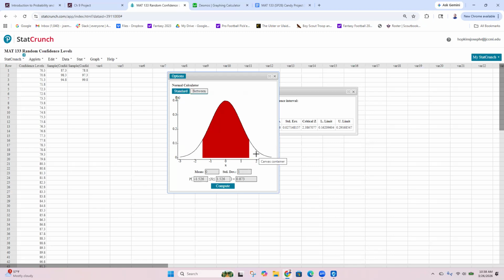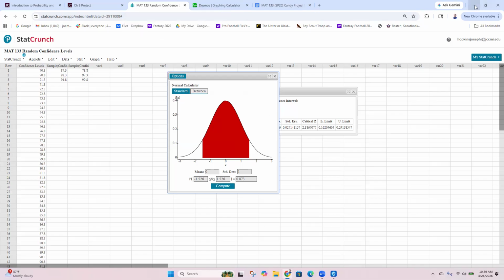Okay, and that's why we call it alpha over 2. So anyway, Montez's confidence is 75%. That means his alpha is 25%. Rachel's is at 92.8. That means there's still a 7.2% chance. So the white space is 7.2%. So there's a 7.2% chance that your confidence interval is not right.